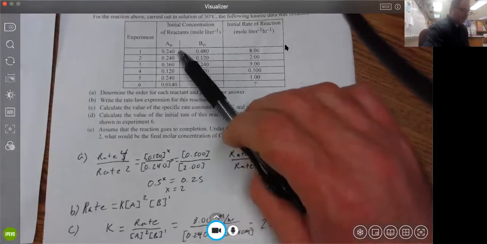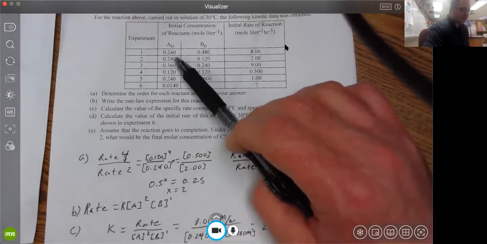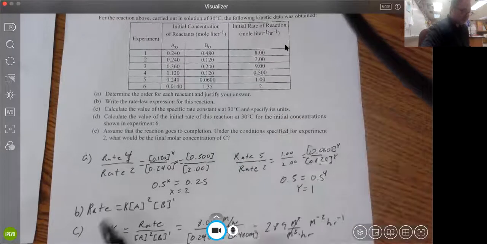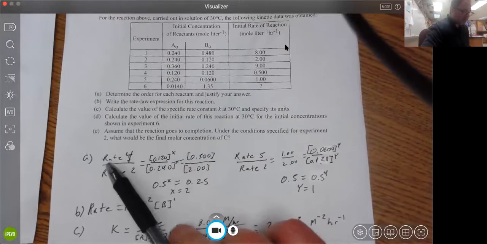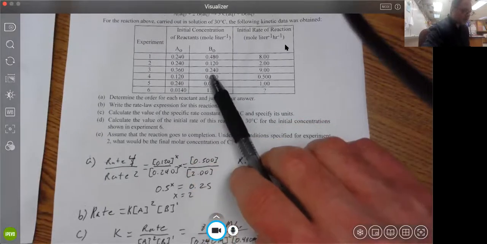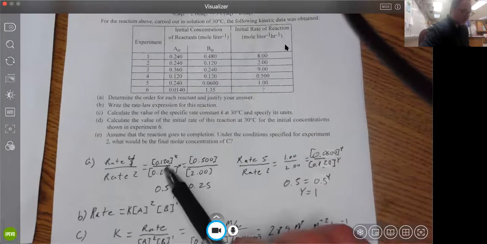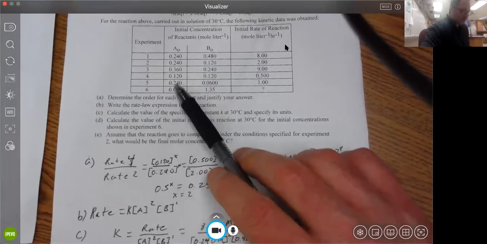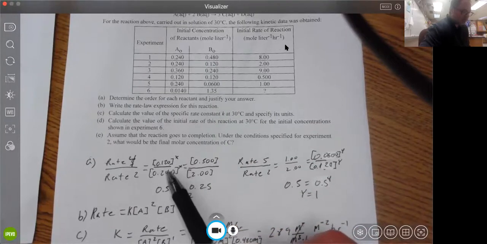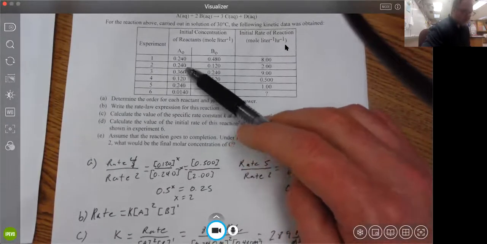So again, if you can, you want to look for times where the concentration is maintained for one of them, and it changes for a different one. So it looks like for experiment 4 and experiment 2, we have 1.120 for B. So it looks like we're calculating for A. So again, we take the concentration to the X power over the 0.24, which is the concentration for experiment 2.